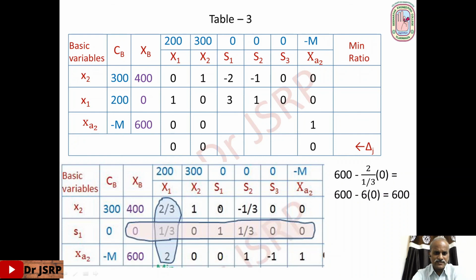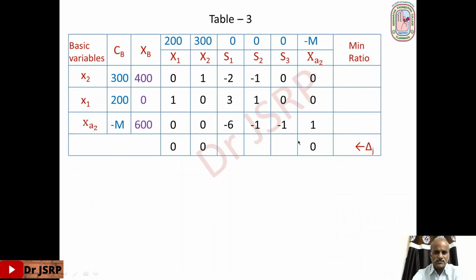Next, for S1, just replace 0 and 1: 0 minus 6 into 1 is minus 6. For S2, replace 1 and 1 by 3: 1 minus 6 into 1 by 3, 3 twos are 6, 1 minus 2 is minus 1. For S3, replace minus 1 and 0: minus 1 minus 6 into 0 is minus 1. Okay, so this is the tabular form.